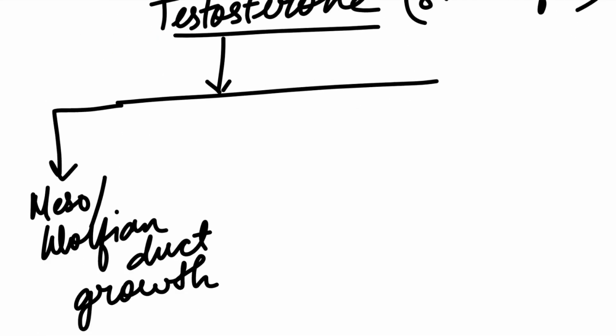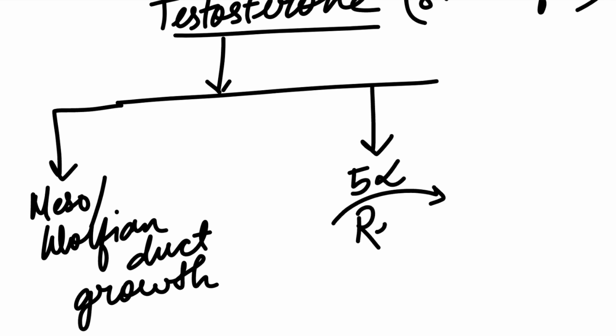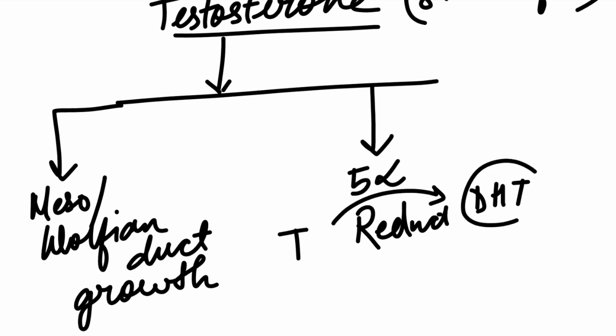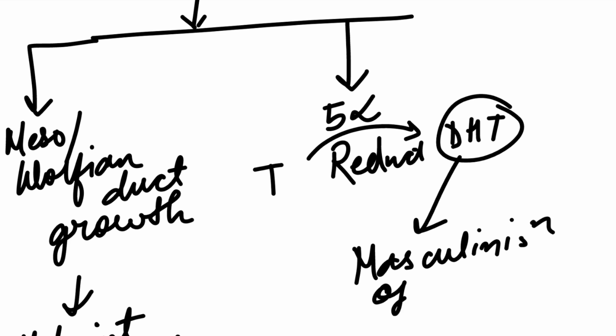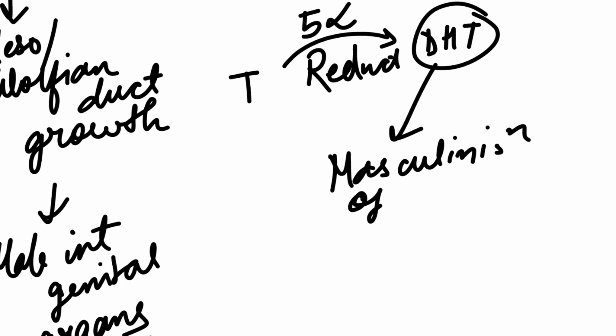Next, what the testosterone does is that under the influence of the 5-alpha reductase enzyme, the testosterone is converted into dihydrotestosterone, and it is this dihydrotestosterone which is responsible for causing the masculinization of the external genitalia.